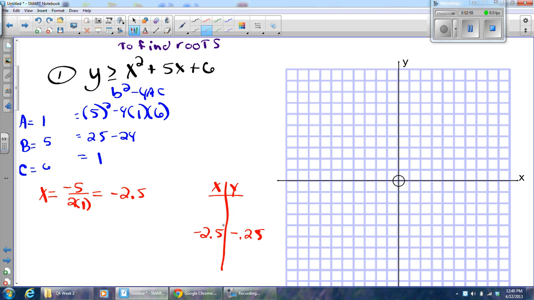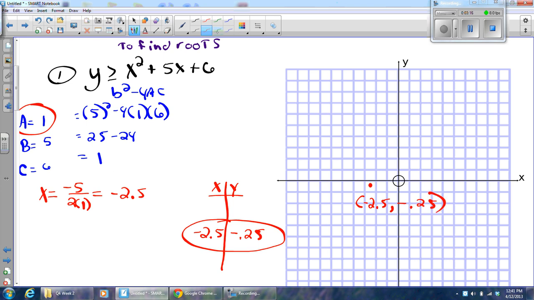So there's my vertex right there. And so I'm going to go ahead and graph that, negative 2.5 and negative 0.25. Now, by the way, A is positive, so I know it's going to open up.